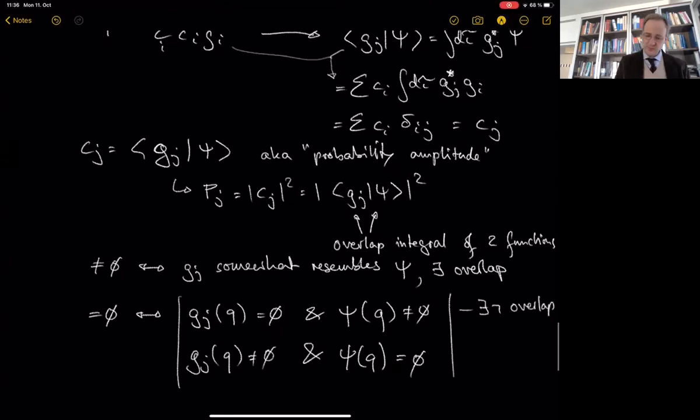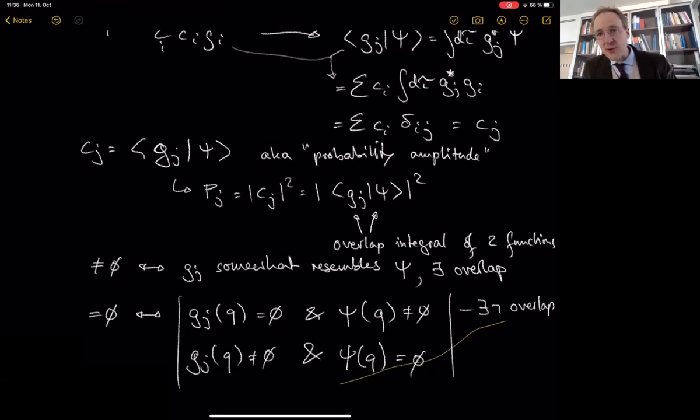So just because the overlap integral is 0, it doesn't mean the function is 0. You have to be careful with this. Two non-zero functions can still have a 0 overlap integral. If you think about this twice, it should be obvious by then.